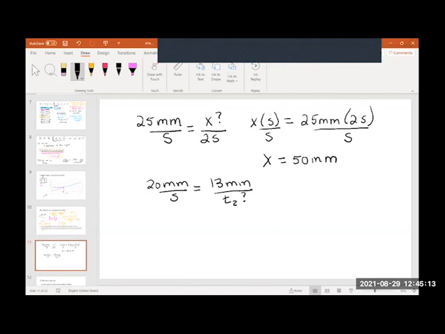So we get 13 mm times s equals 20 millimeters times T2. Divide by 20 millimeters on both sides. The millimeters cancel out. And our T2 equals 0.65 seconds.